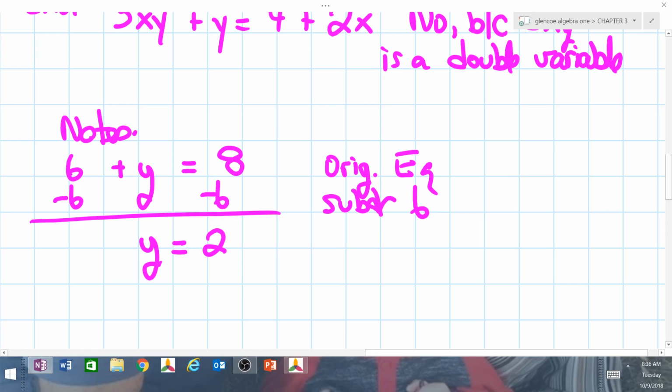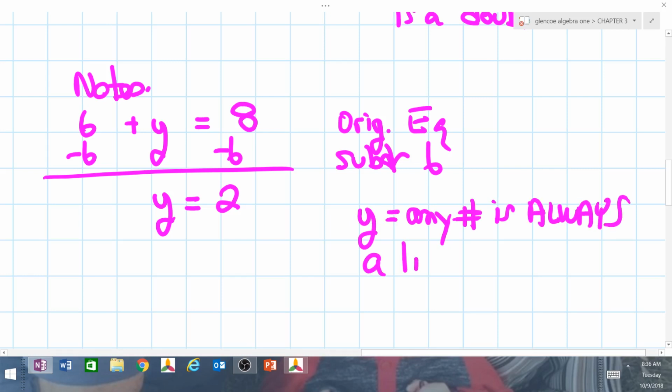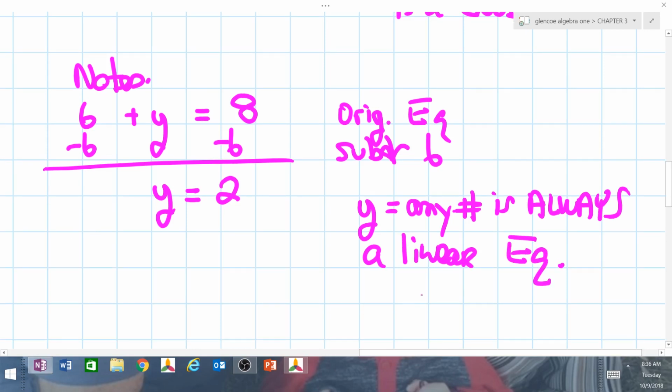So let's remember that a can be greater than or equal to 0. I want you to realize that whenever you have an equation, y equals any number is always a linear equation, because it can be rewritten as 0x plus y equals 2.